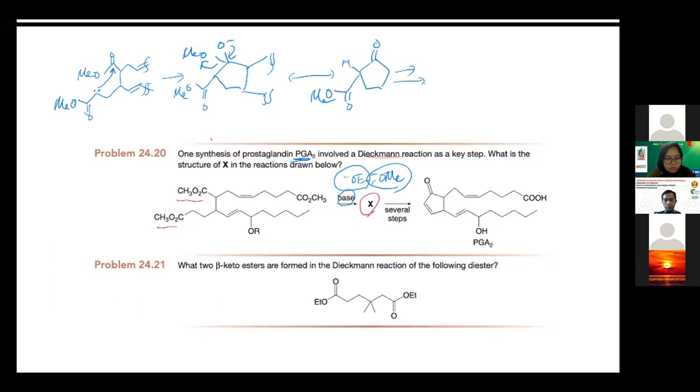There are several steps, and here is the deprotonation and the double bond attached here. This is the key step, to make the 5-membered ring here.